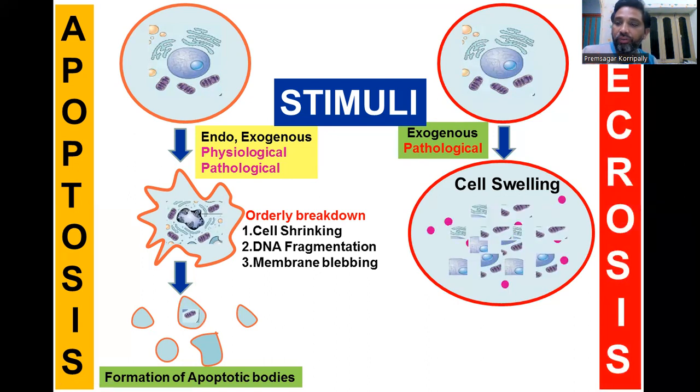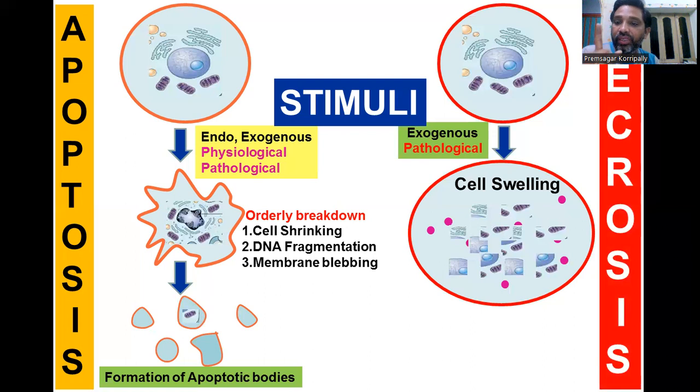And there is the formation and release of pro-inflammatory mediators. That is one of the clear and distinct differences between apoptosis and necrosis. In necrosis, pro-inflammatory mediators are released from the cell undergoing necrosis into the surroundings, which leads to the formation of inflammation.